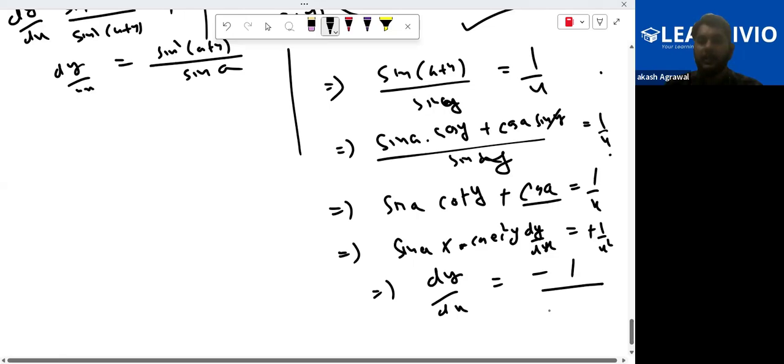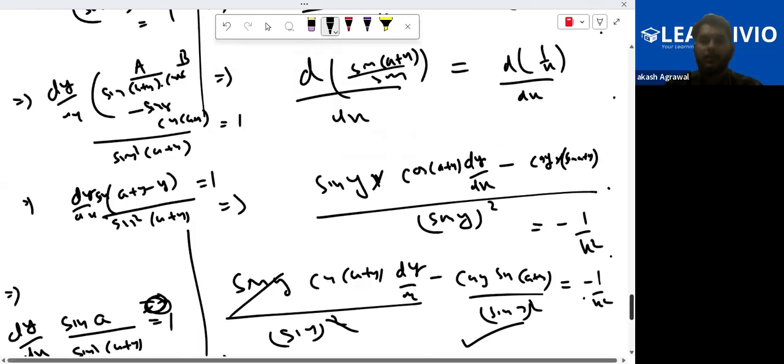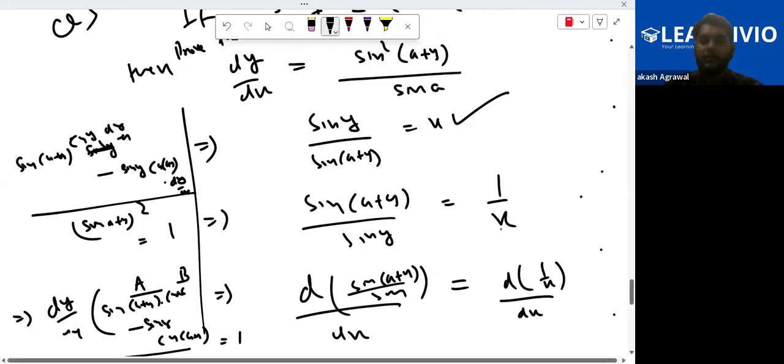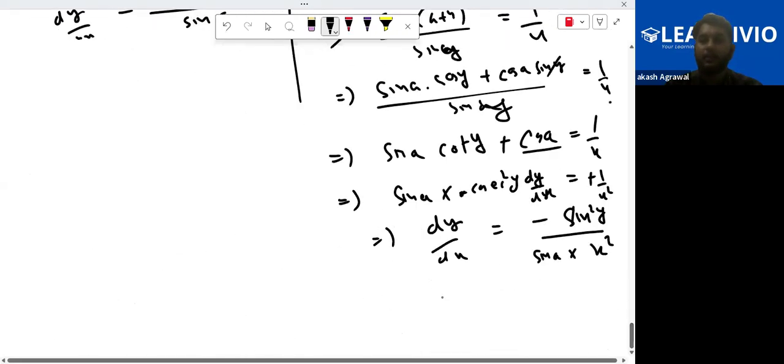So 1 upon cosec² y we can write sin² y, and we have x² also. And from here we can find 1 upon x², so it will be the square of this. So sin² y will be cancelled, and you can get the answer this way also.